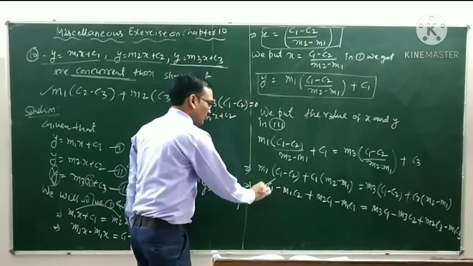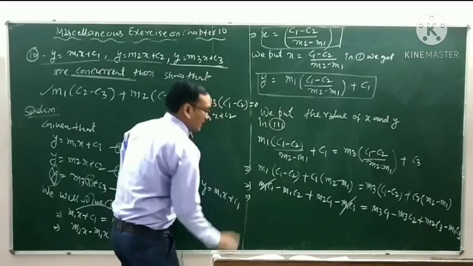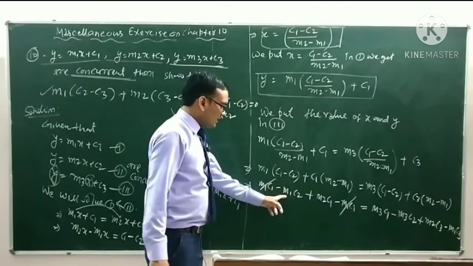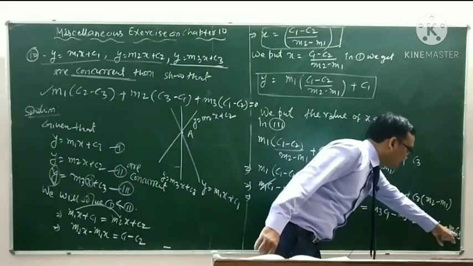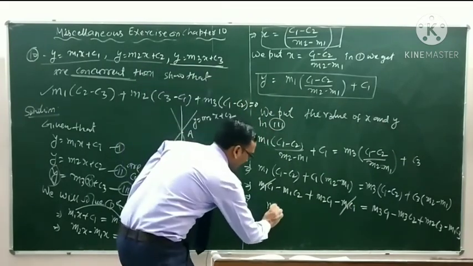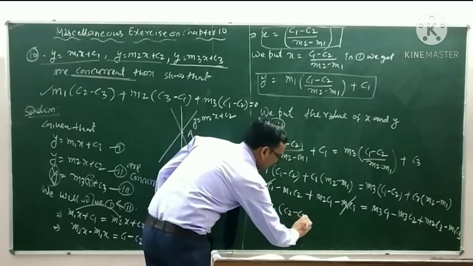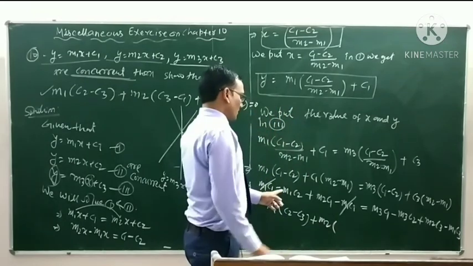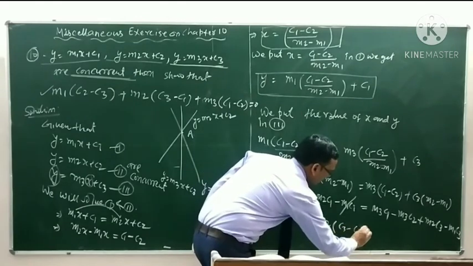Okay students, here m1 c1 and m1 c1 will be cancelled. This implies that we simplify this equation. Here m1 c2 and here m1 c3. We transfer m1 c3 to the left hand side, m1 into c2 minus c3. Okay students, plus m2 into c3 minus c1.